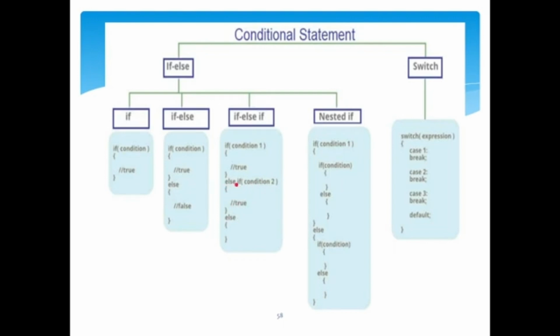So else if condition 2, and if that condition is true, then the block inside this else if will get executed. And here also I'm using an else statement. If both the conditions are not satisfied, if statement condition and else if statement condition, if both are not true, then the else block will execute.